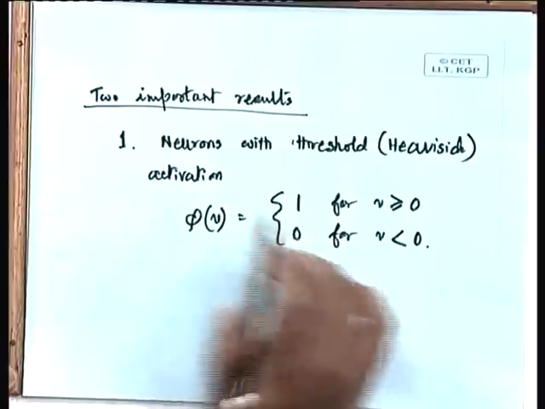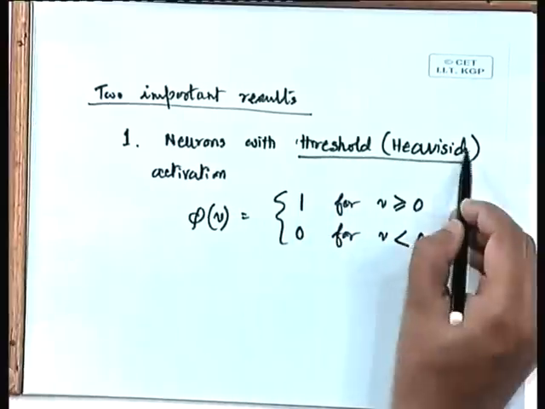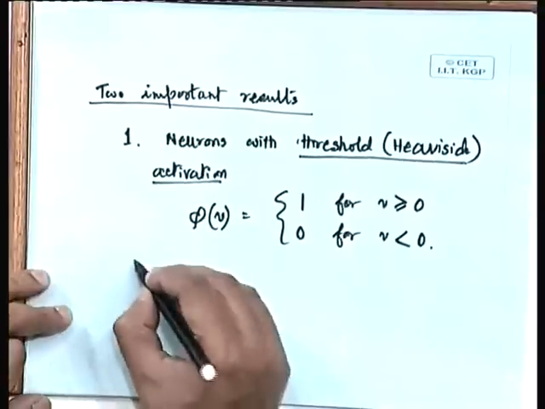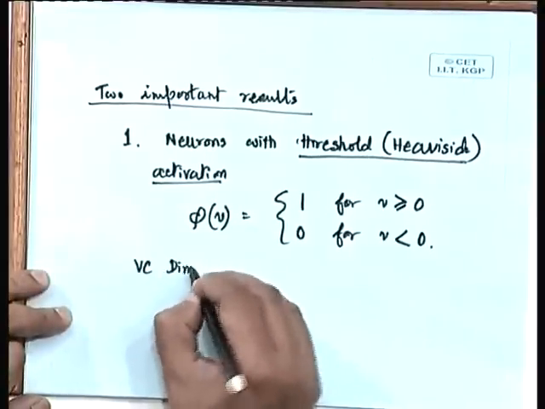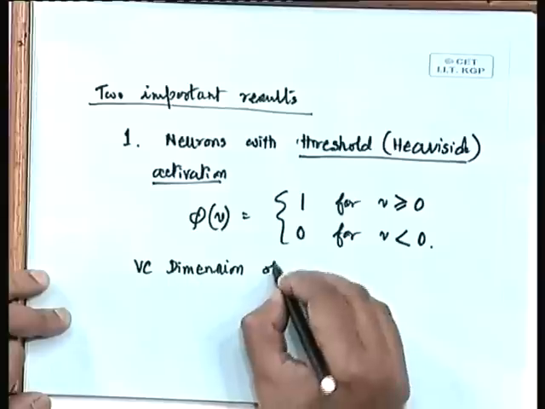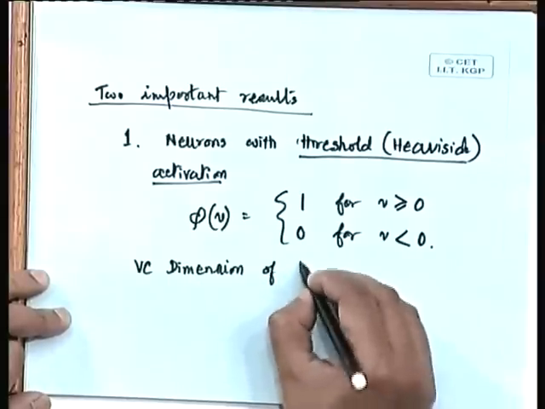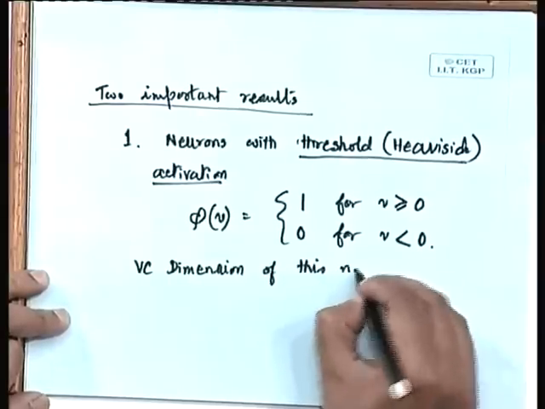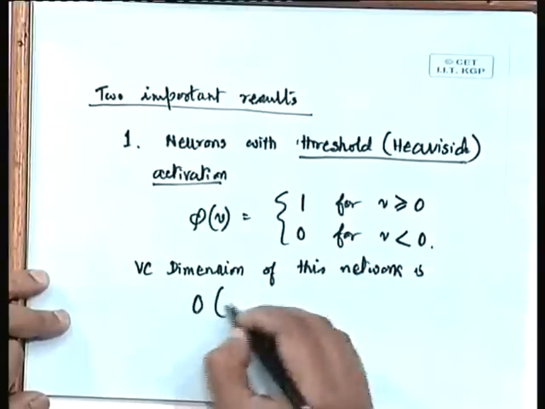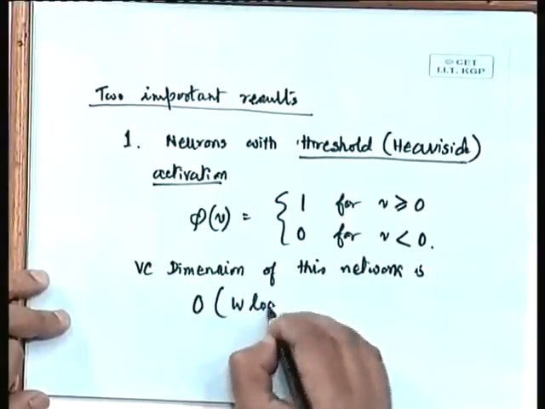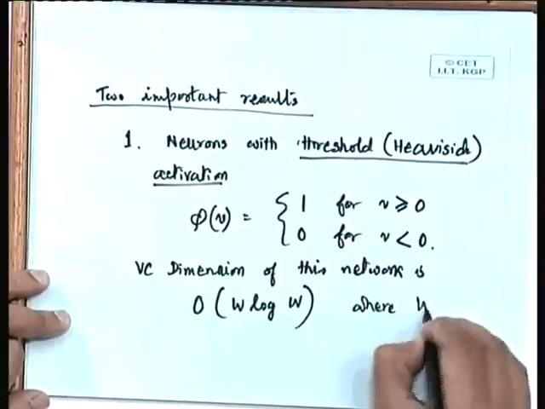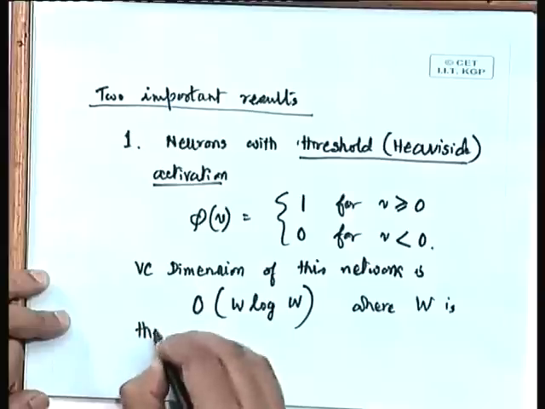For such kind of neurons, with threshold activations, it has been shown analytically that the VC dimension of this network is given by order of W log W, where W is the number of free parameters.